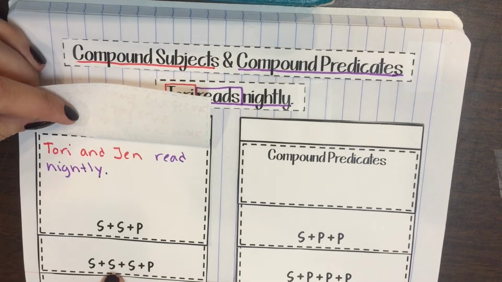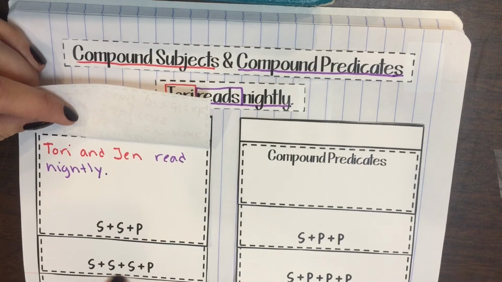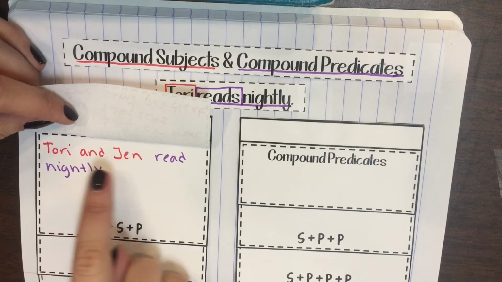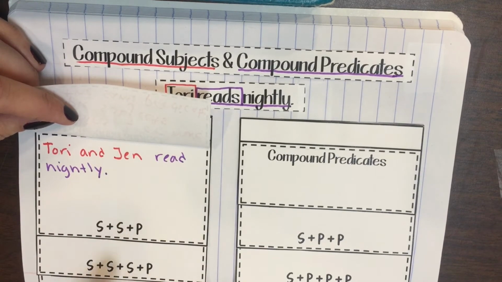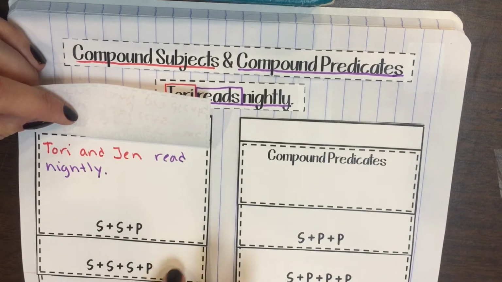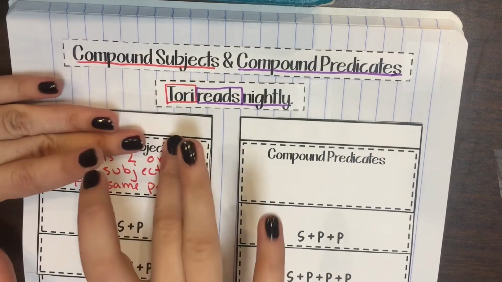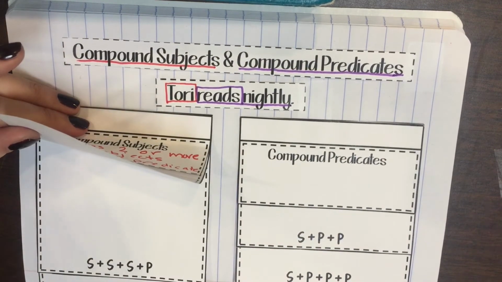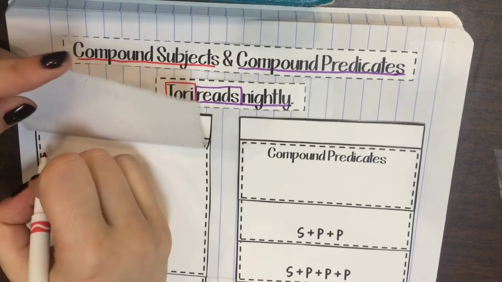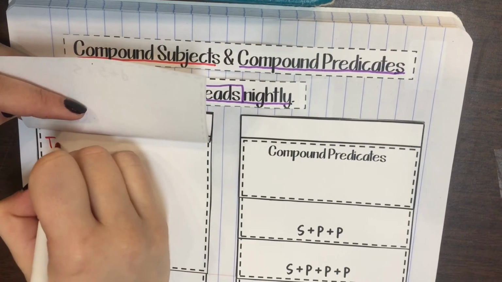So let's see if we can make our subject even more compound. We want to have 3 different subjects now. We're noticing Tori and Jen are doing the same thing. There's still 1 predicate. Now we want to have 3 people with that same predicate. So let's give Tori and Jen another friend. You can give her whatever name you want.